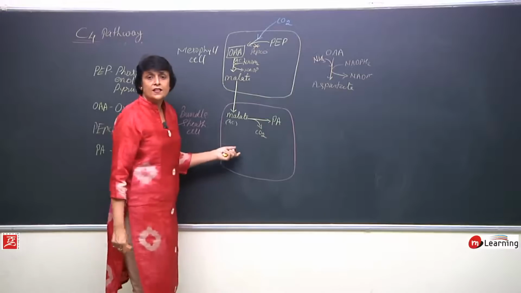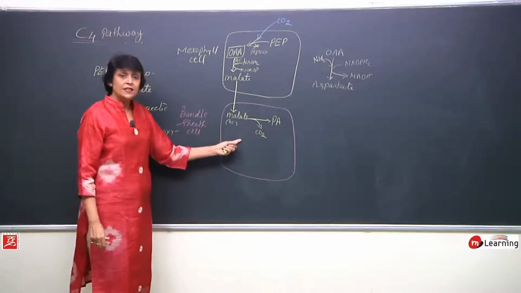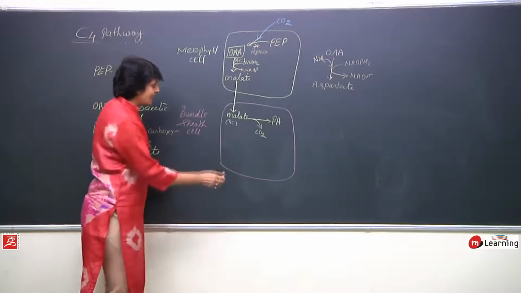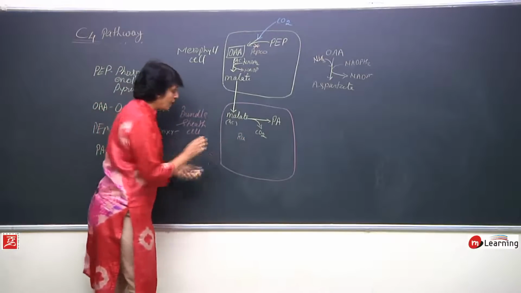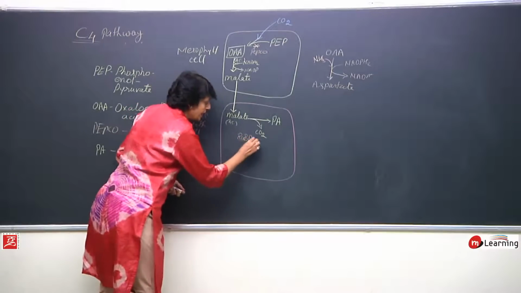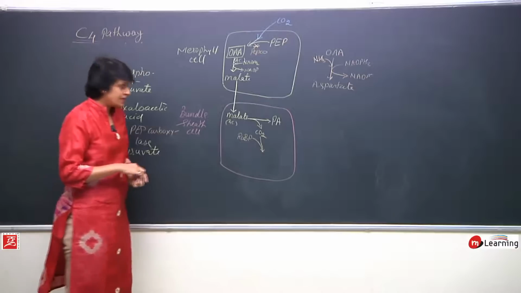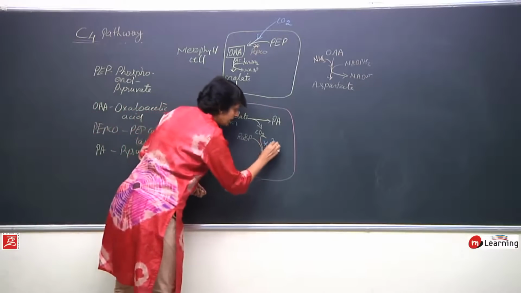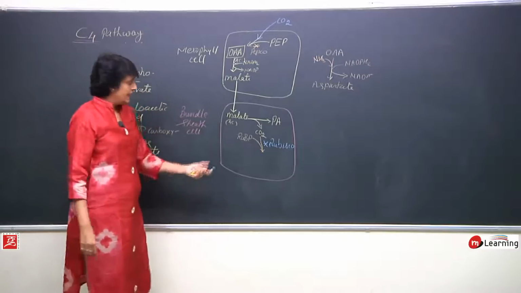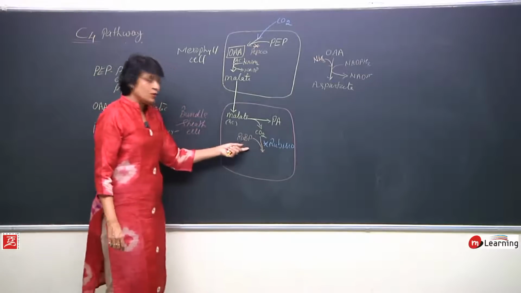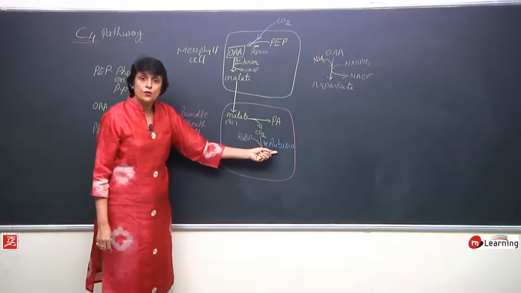In bundle sheath cells, the chloroplasts which are present are agranal type. That means they will help only in dark reaction. So here in the chloroplast, that is in the stroma, there is RuBP which will bind with this carbon dioxide in the presence of Rubisco.